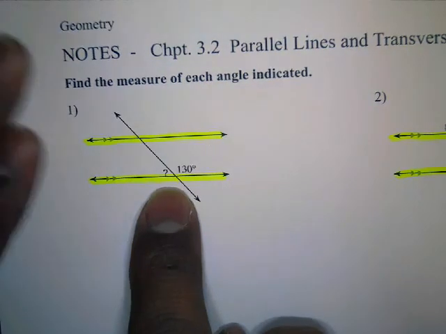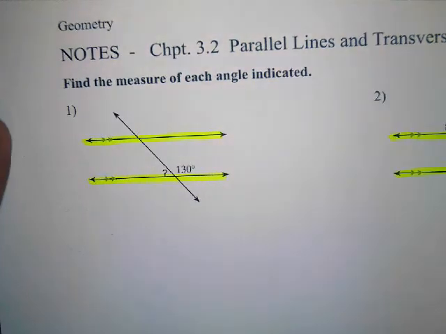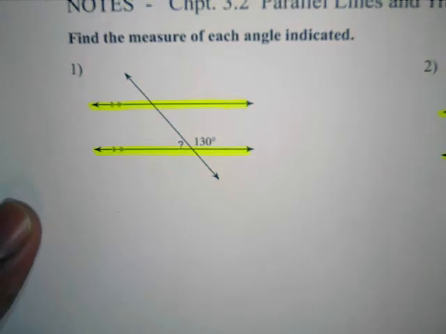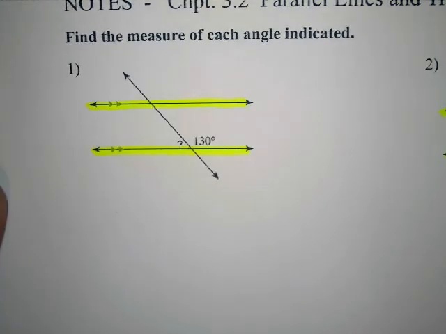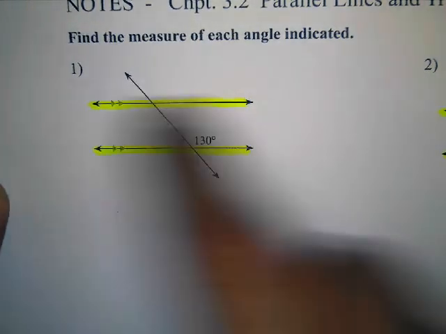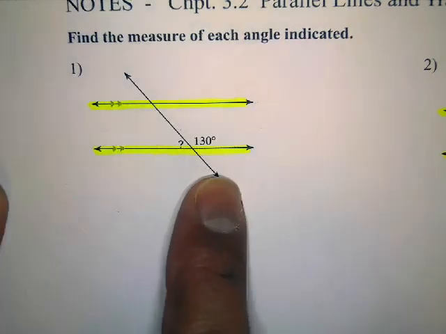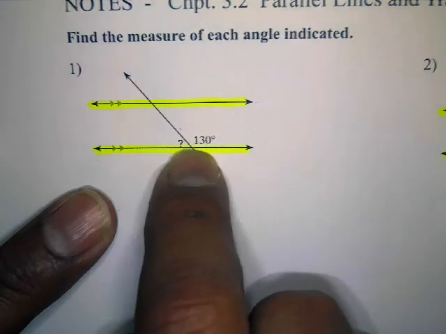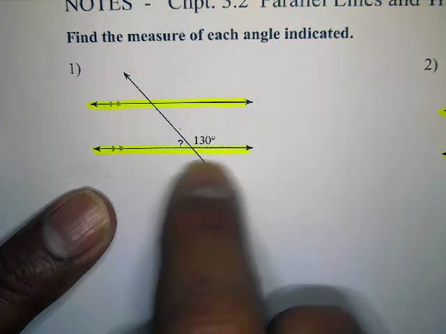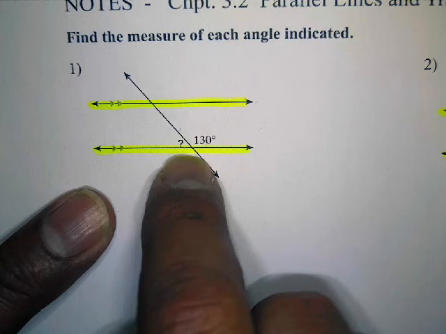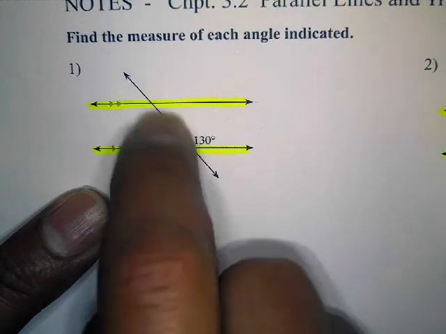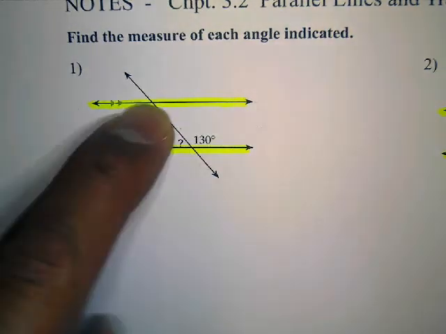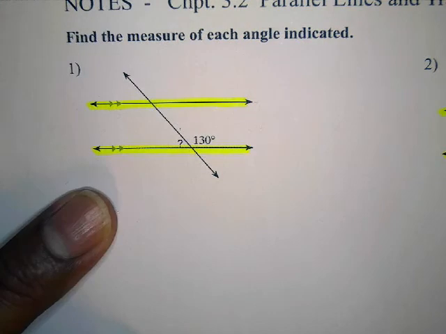Okay, hopefully you have paused it, you copied this problem down. I'm gonna focus in a little bit more. Well, the good thing about this is that when you have parallel lines cut by a transversal, pretty much the same thing that's happening in this intersection, and as you can see the way the angles look here is pretty much the same thing that's gonna happen over here in the other intersection.